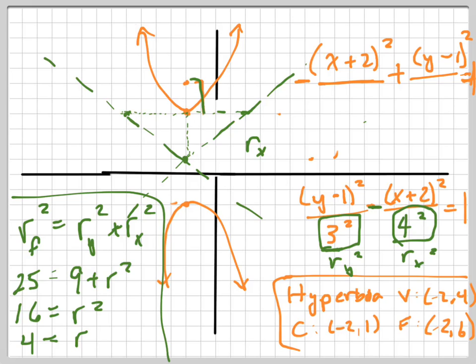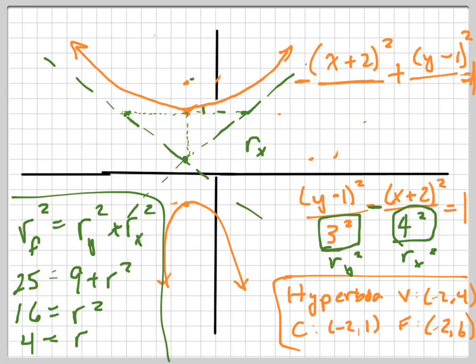So there are your asymptotes. I should go back and redraw my graph because it's a lot wider than what I've drawn. Now that I've got my asymptotes, the graph should have looked like that. That's what the asymptotes help you find.